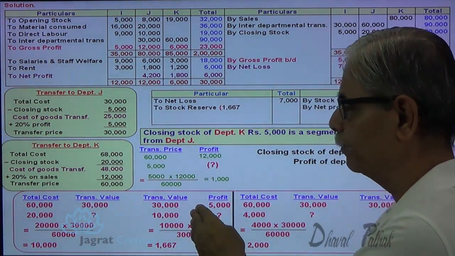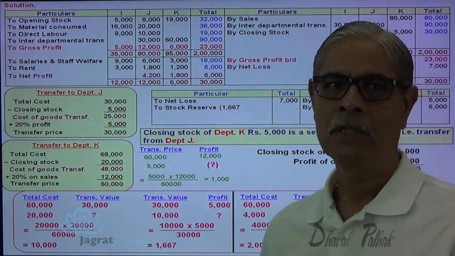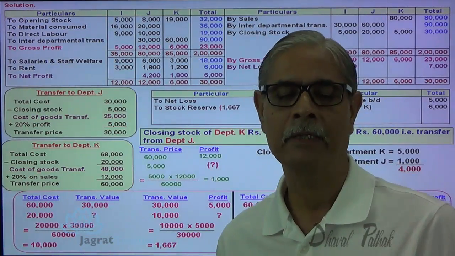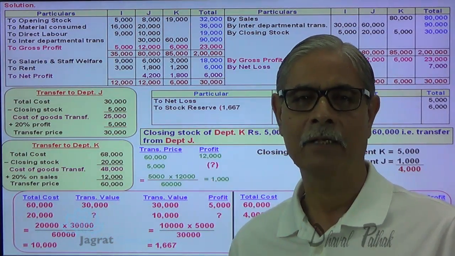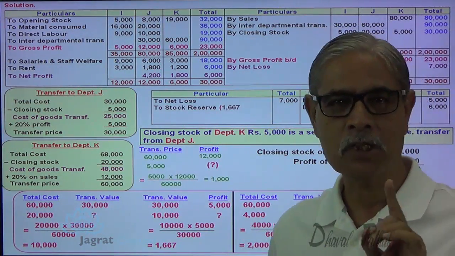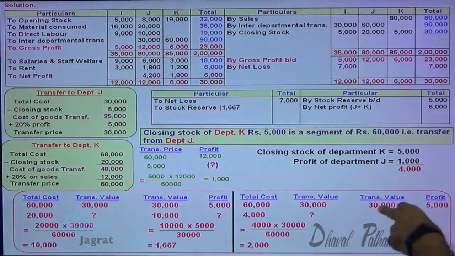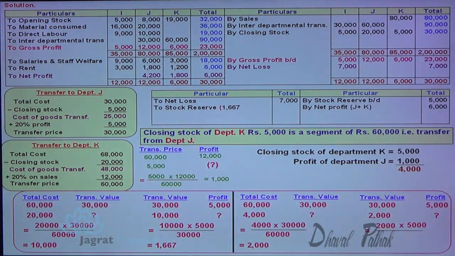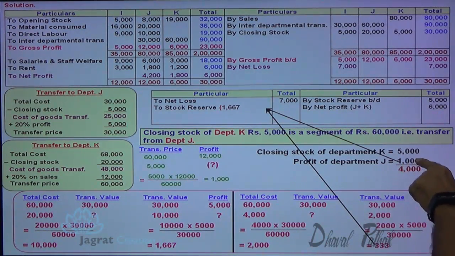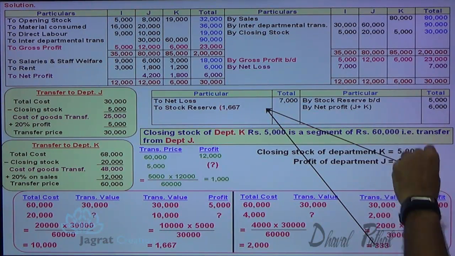This working was done to find out the unrealized profit in the stock of J. The same procedure you are required to repeat to find out the profit element in the stock of K that was charged by department I. So 30,000 into 5,000, how much for 2,000? So this is the profit: 2,000 into 5,000 divided by 30,000, 333. So 1,000 is the profit element in the stock of K that was charged by J.